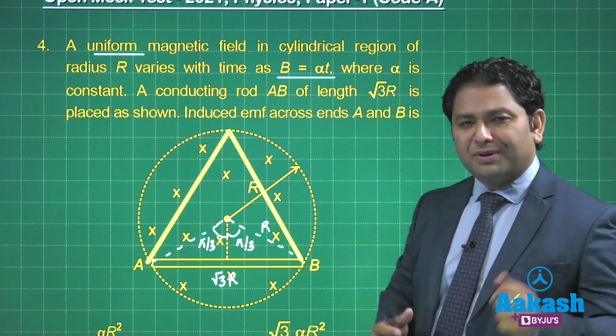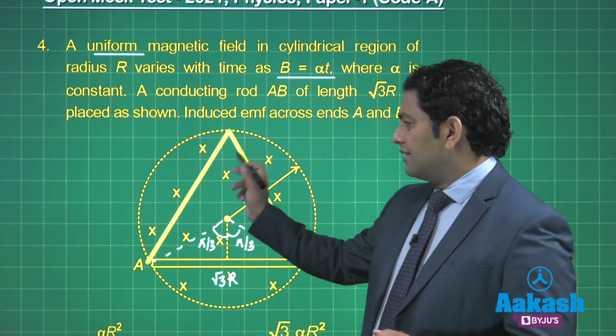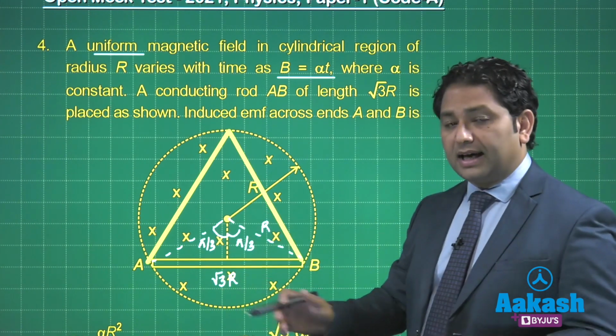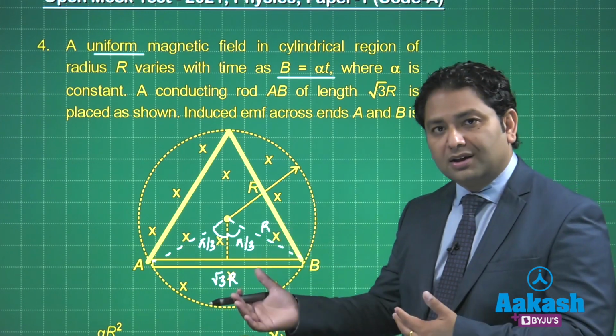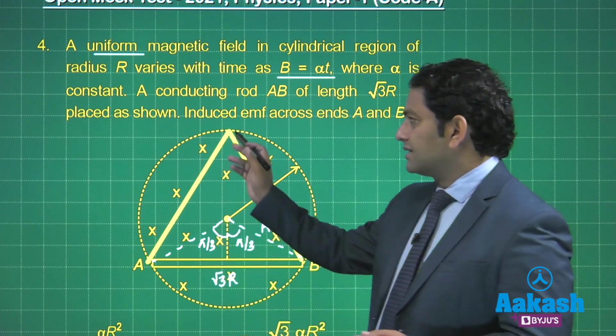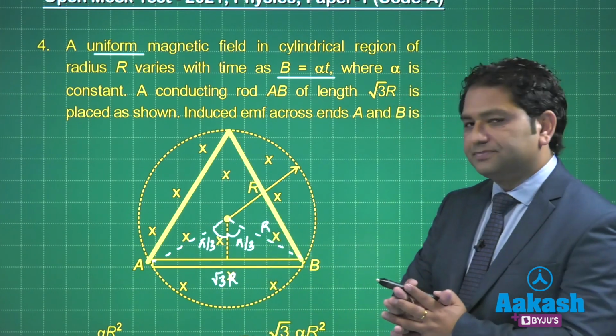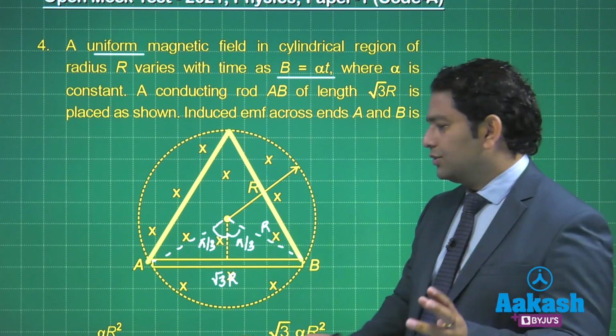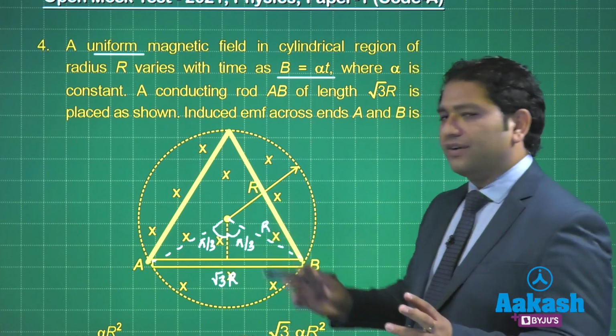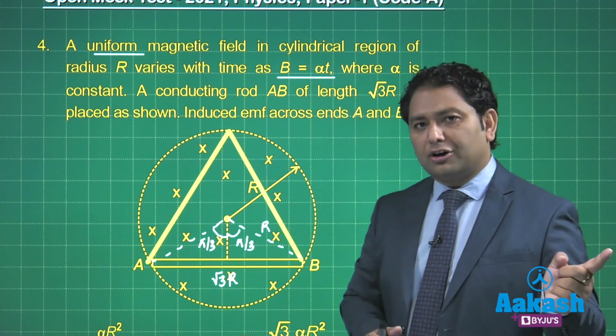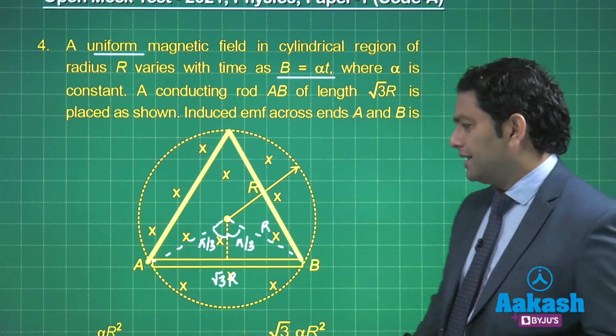So this is that loop. I'll find the EMF, then what? Because this is a very symmetric figure, the EMF induced would be equally divided amongst each rod.